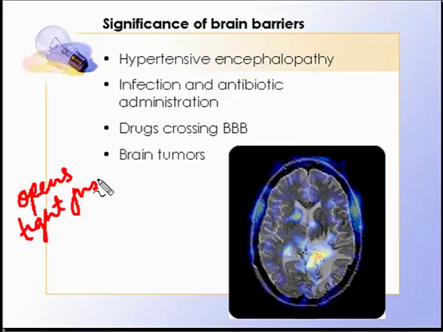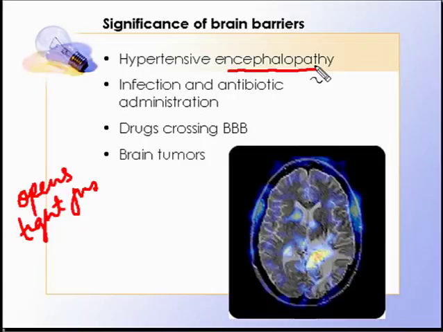Then you get this hypertensive encephalopathy where the patient may have headache, vomiting, convulsions, and even coma. So that becomes a problem when someone's hypertension is uncontrolled.